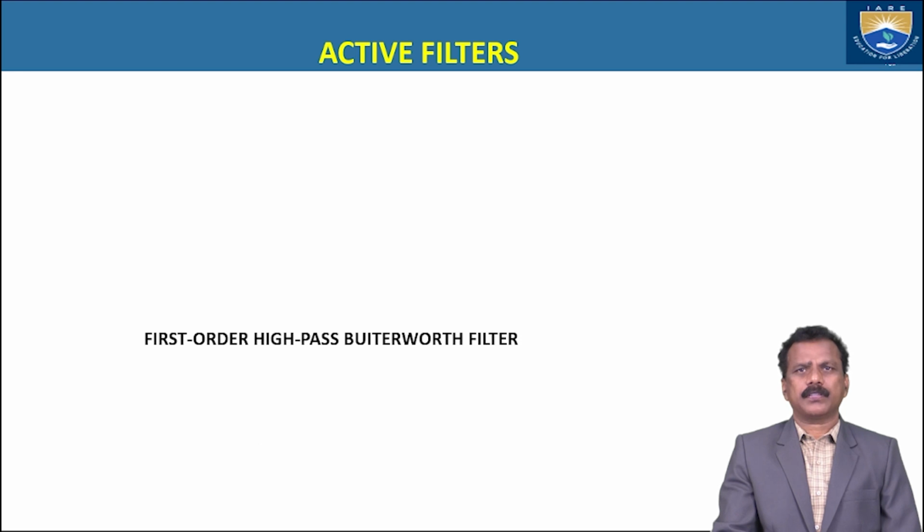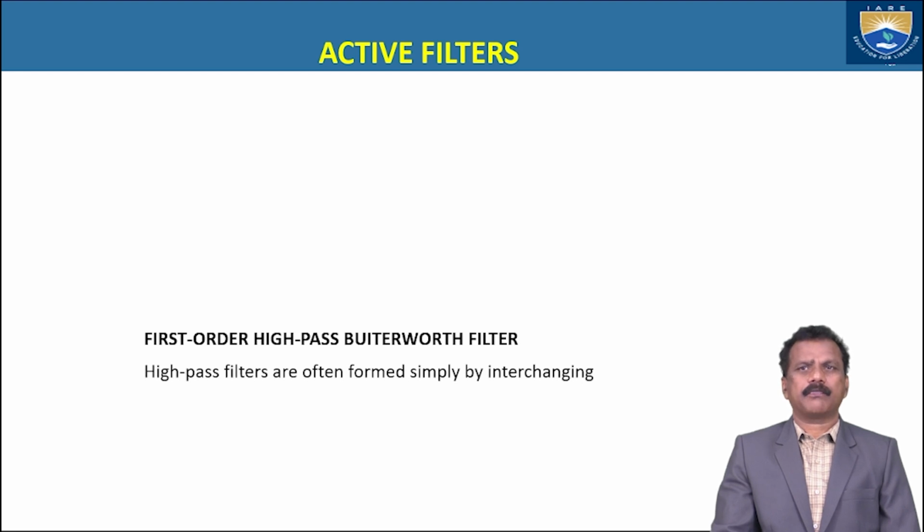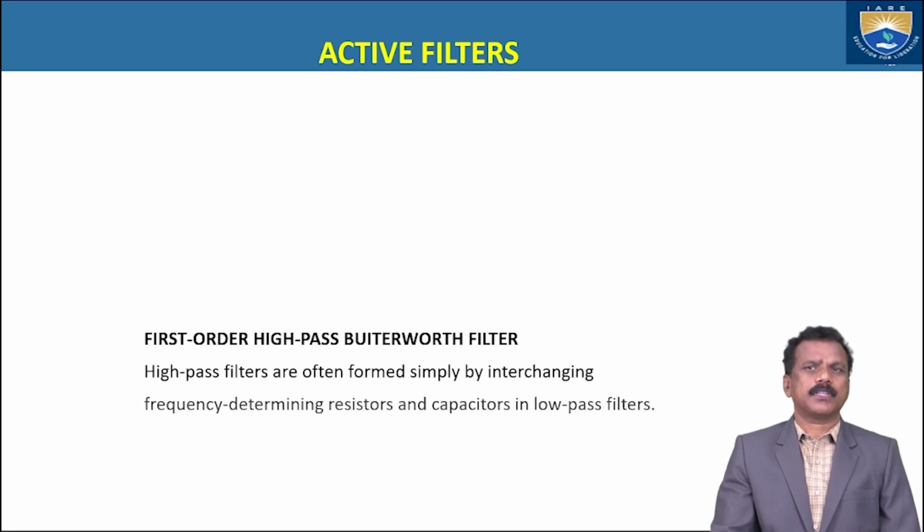Coming to the first order high pass Butterworth filter. High pass filters are often formed simply by interchanging the frequency determining resistor and capacitor in low pass filters.